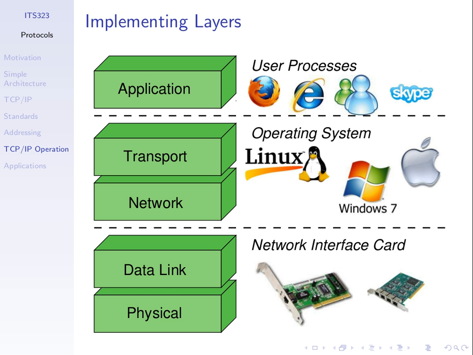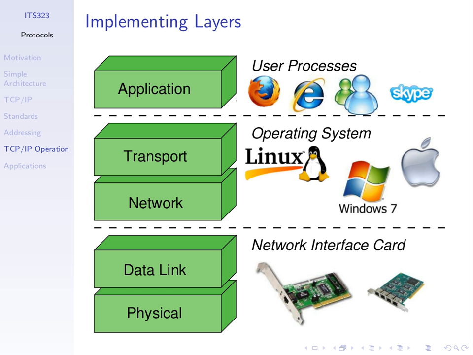They may implement the application layer protocols like HTTP, SMTP and others. So the application layer protocol is really in applications on your computer. I say here user processes, they are not part of the operating system.